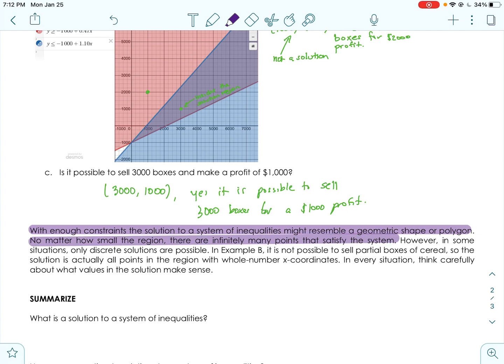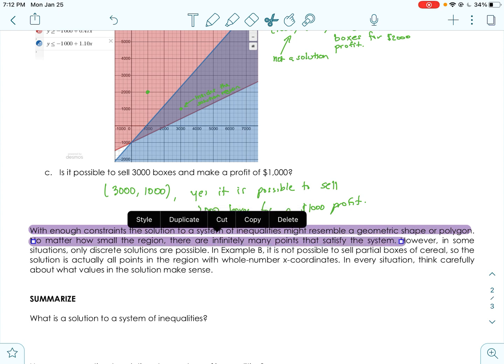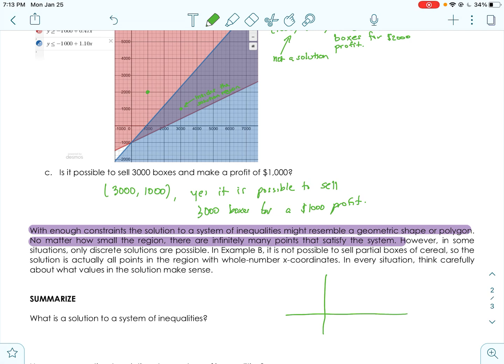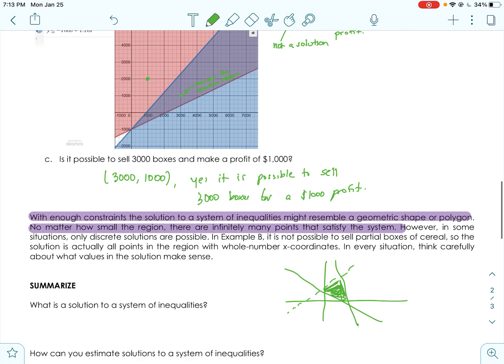So we can't just say that this point and this point are your only solutions. No matter how small your region is, even if it is boxed off like this, where you have this line right here, this line right here, and then another line that goes like this, and this is your region of solutions, there are still infinitely many solutions. Okay?